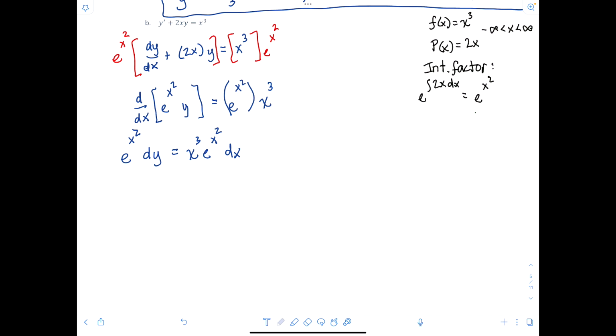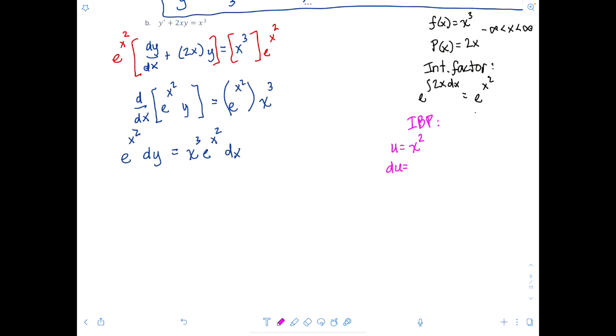Now, in order to integrate that right-hand side, I'm going to have to use, drum roll please, integration by parts. So, using our IBP, integration by parts, we're going to let u equal x squared.